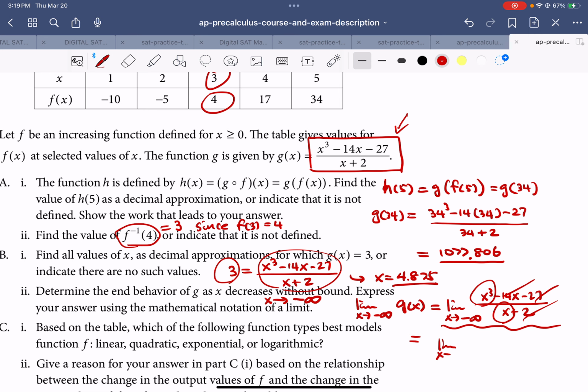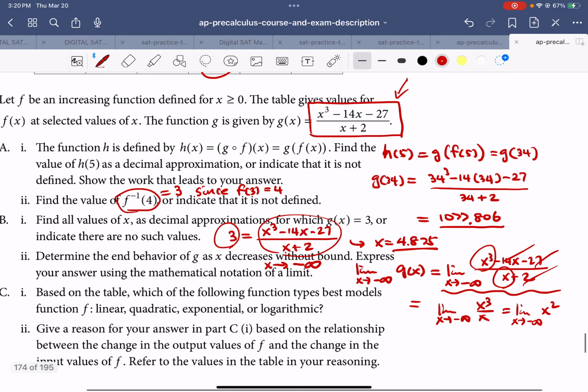Then the limit as x approaches negative infinity of x cubed over x is the limit of x squared. Now you substitute negative infinity into x. Negative infinity squared makes a positive infinity. So your final answer is positive infinity.